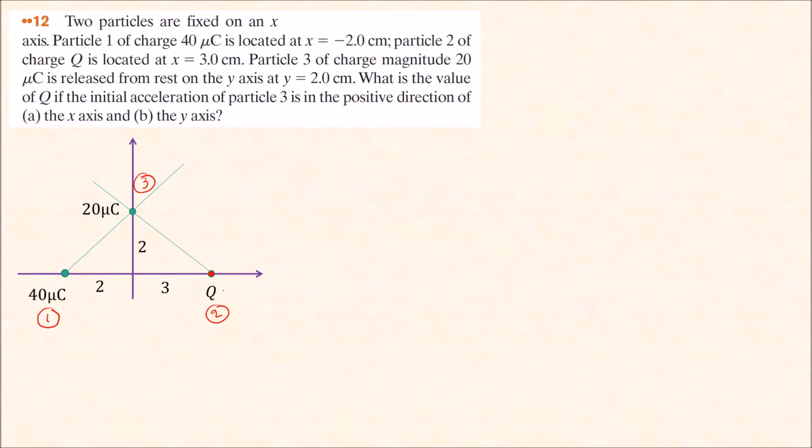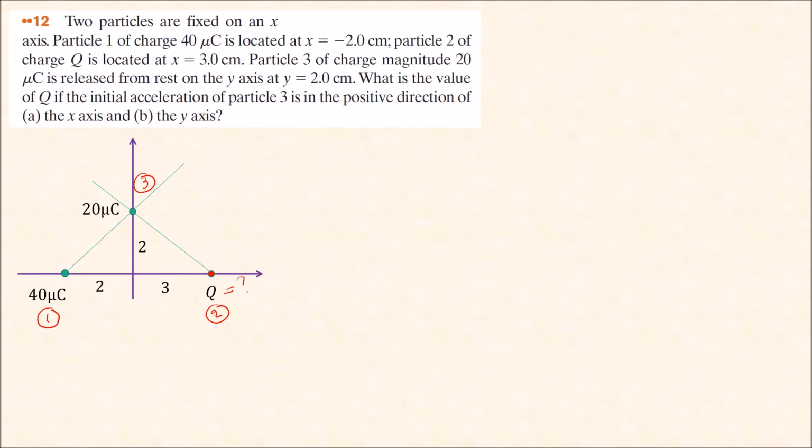If the initial acceleration of particle 3 is in the positive direction of the x-axis or the positive direction of the y-axis. So two cases. Part A, what is q if the initial acceleration of particle 3 is in the positive direction of the x-axis?